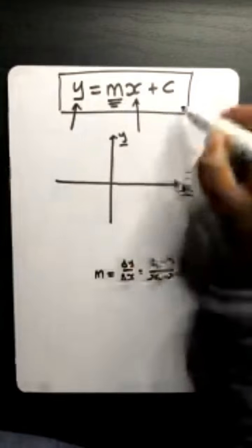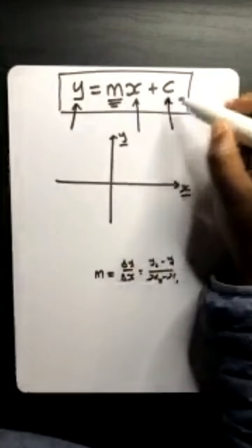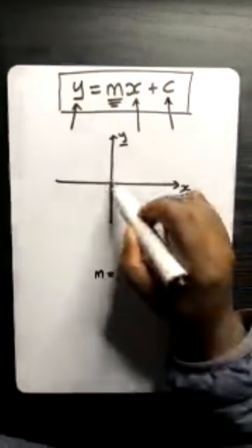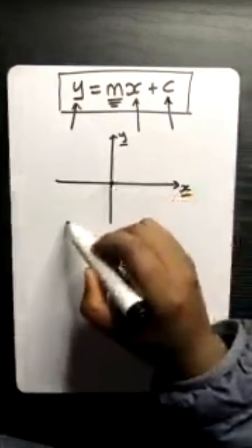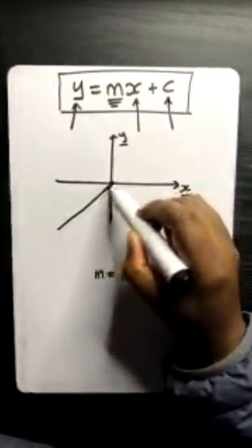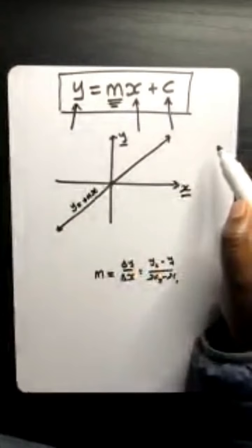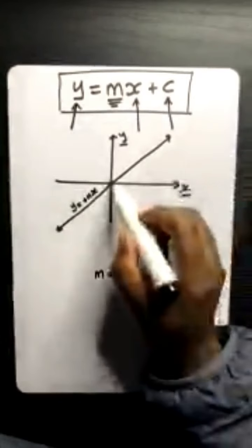Now this c, Shreyas, if you remember, we said the c value on a straight line influences the vertical shift. Originally a straight line was just y equals positive mx.